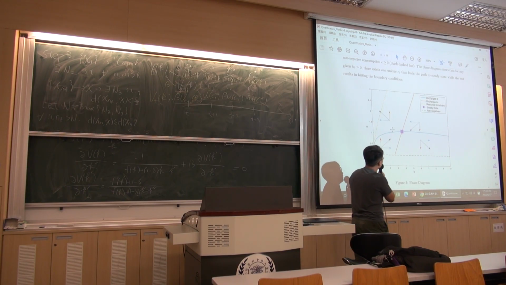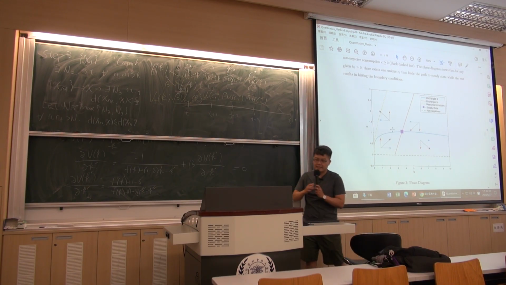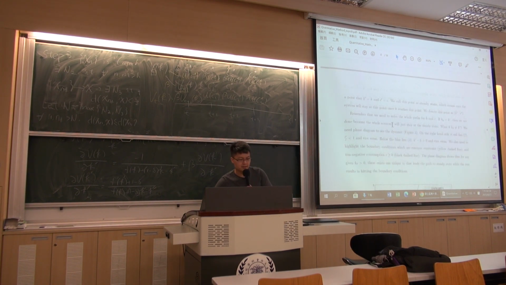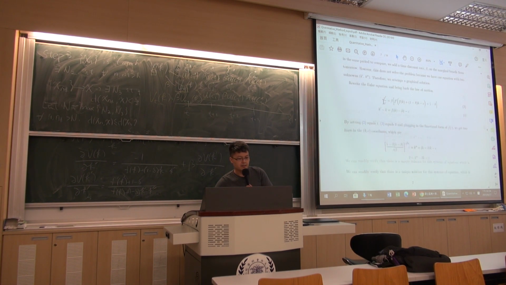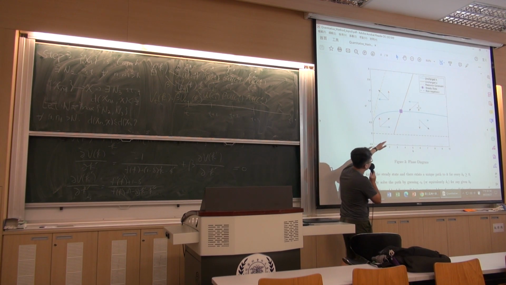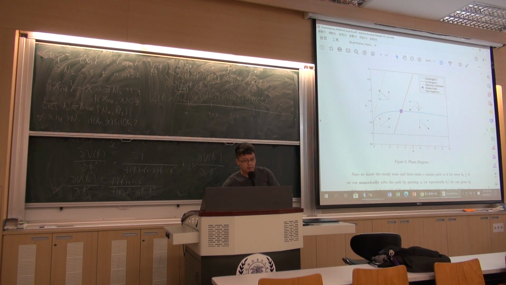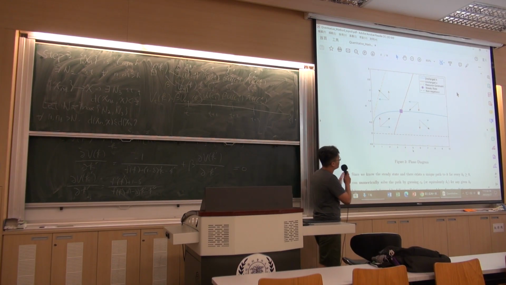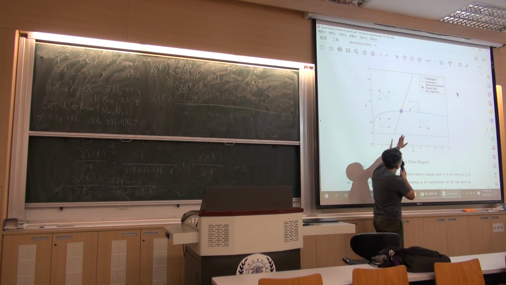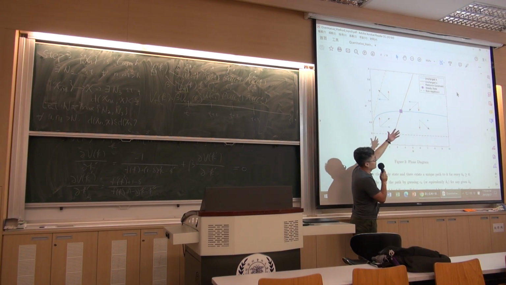Then the red line here. Okay, so the red line is the unchanged consumption, which is when we set the equation 2 equals to 1. You will have this graph, this red function here, and the interpretation is quite similar. So you can play with it, and the idea is that when you consume at the right side of that graph, you are going to decrease your consumption for the next period.